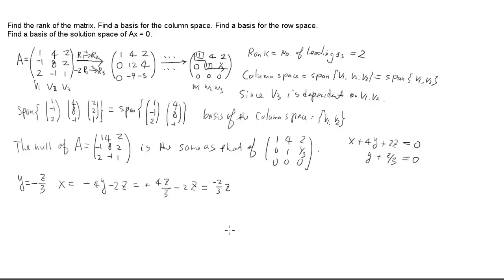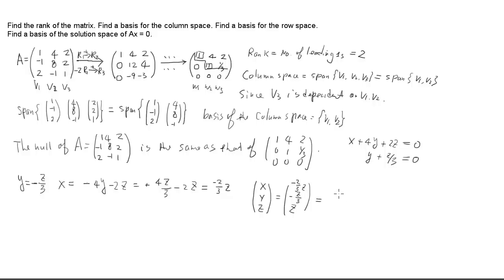So that's what we have. In vector form we have the following. We have x, y, and z. Remember, z is the free variable, so we simply have z, and then y is negative z over 3, and x is negative 2 over 3 z.